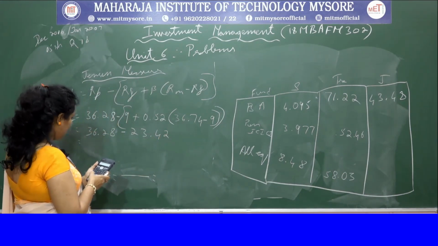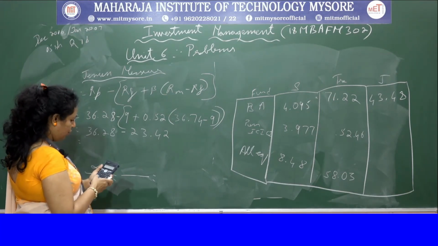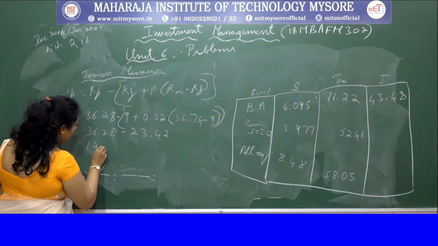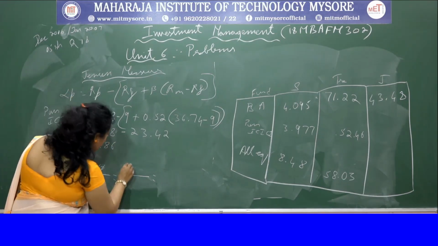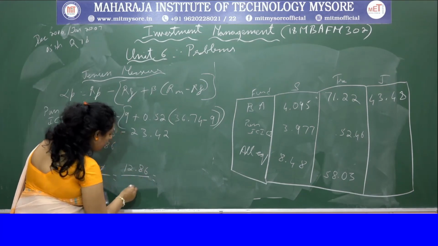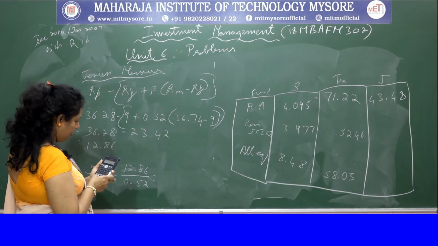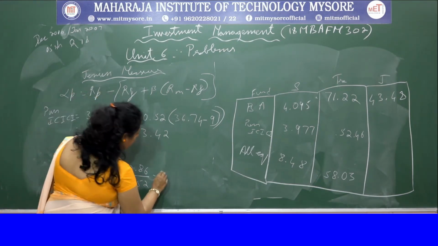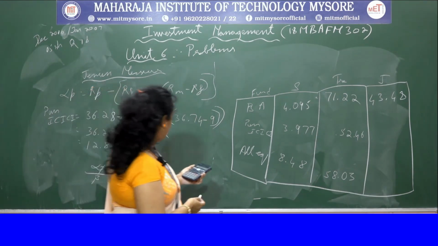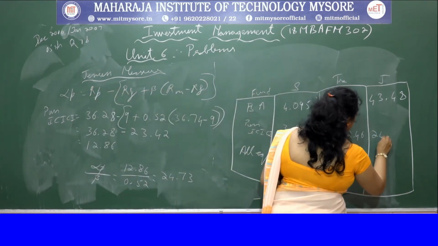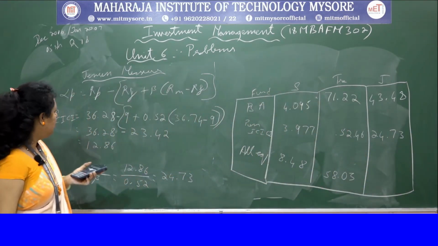Okay, 36.28 minus 23.42, you get 12.86. So 12.86 is the answer. Substituting here, 12.86 divided by 0.52 is 24.73. Okay, this is for ICICI Prudential.